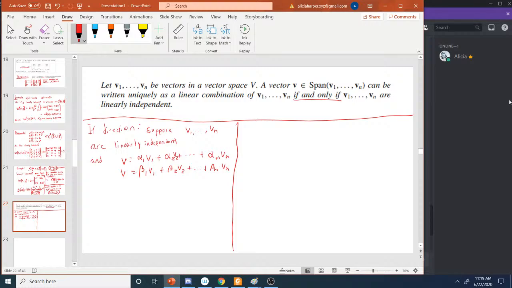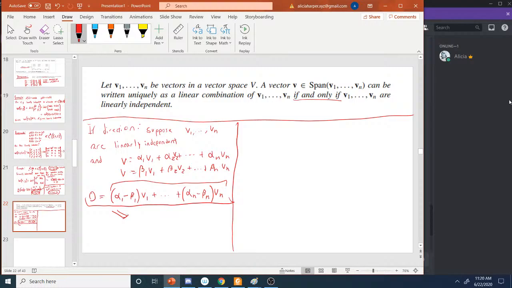Then we can take the difference of this relation with this relation, and we find that 0 is equal to (alpha 1 minus beta 1) times v1 plus and so on up to (alpha n minus beta n) times vn. This is a linear combination of v1 through vn, and we've assumed that v1 through vn are linearly independent, and this linear combination is equal to 0.